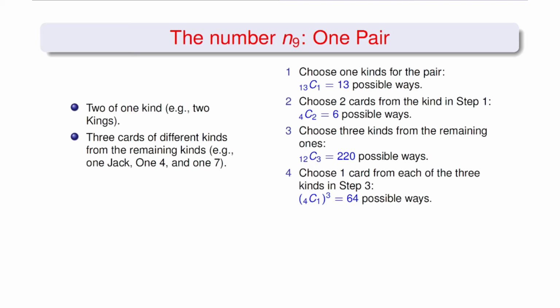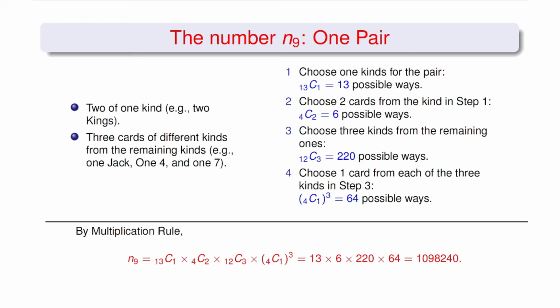Now after step 1, 2, 3, and 4, we got a poker hand that is 1 pair. So how many ways are there? By the multiplication rule, N9 equals what? 13 choose 1 times 4 choose 2 times 12 choose 3 times 4 choose 1 raised to the power 3.